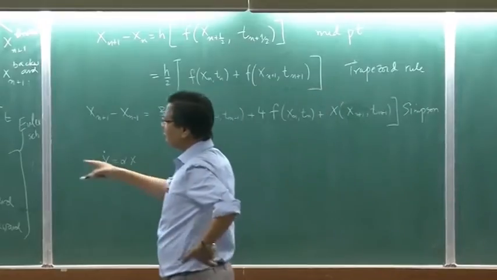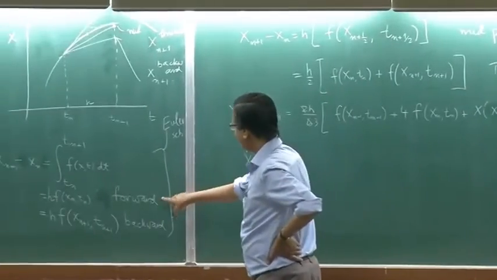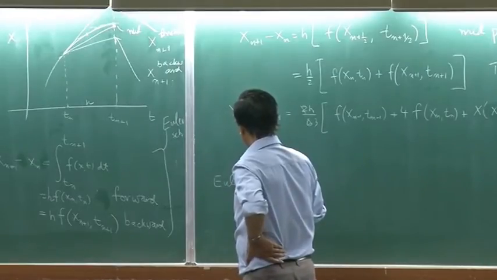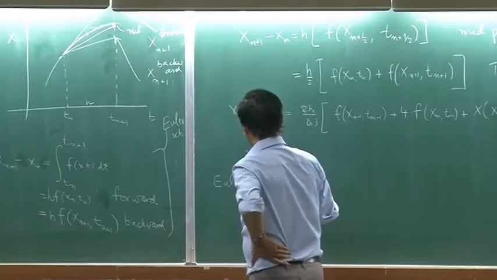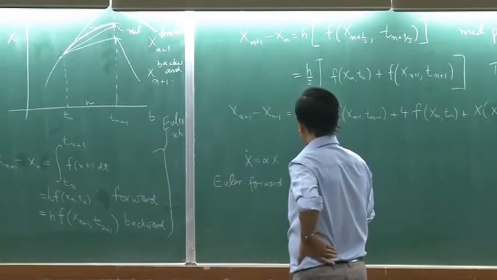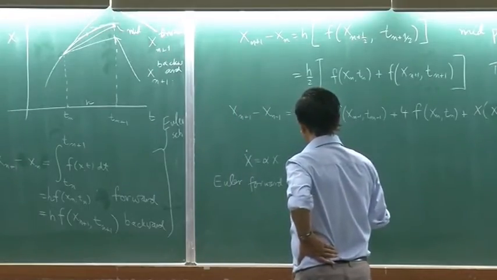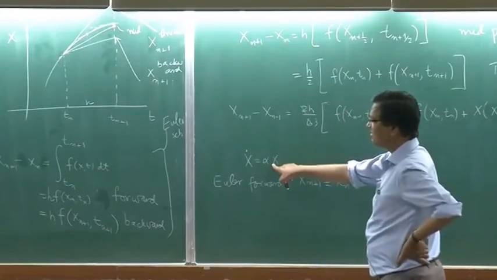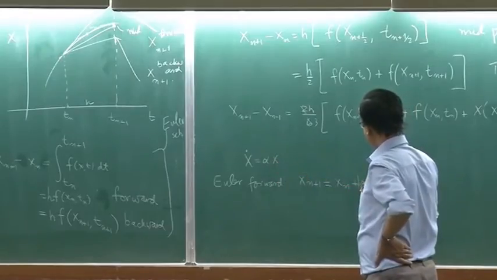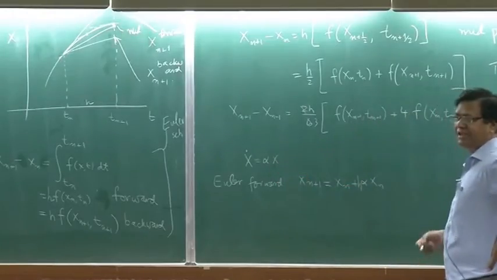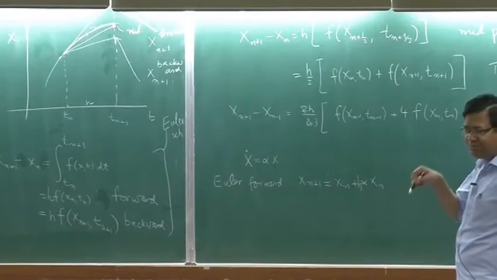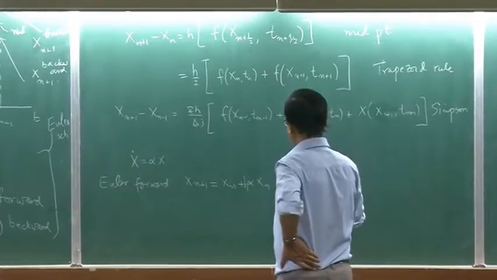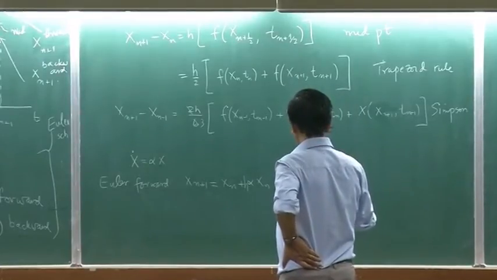According to the forward scheme, Euler forward, I will get x_{n+1} equal to x_n plus h times alpha x_n, h times f computed at the point x_n. So this is exactly solvable, with alpha h.